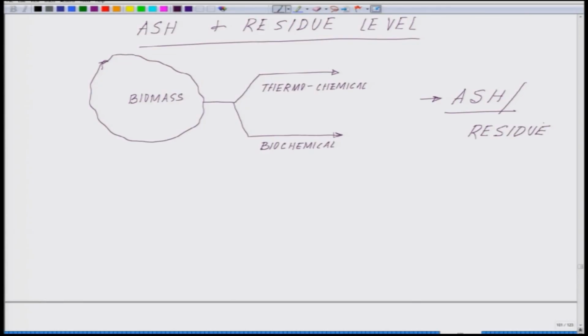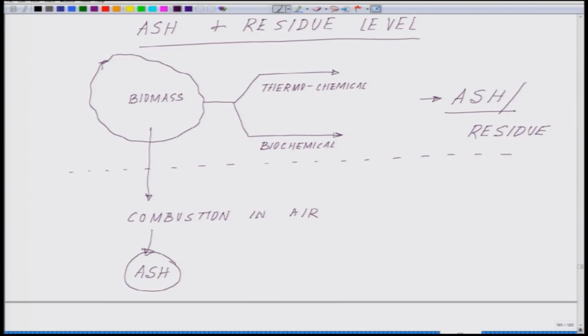Now, why is it called ash or residue? This is where I am going to come. Say, for example, you take the biomass and there is a combustion in air, and the residue you get because of the combustion is called ash.